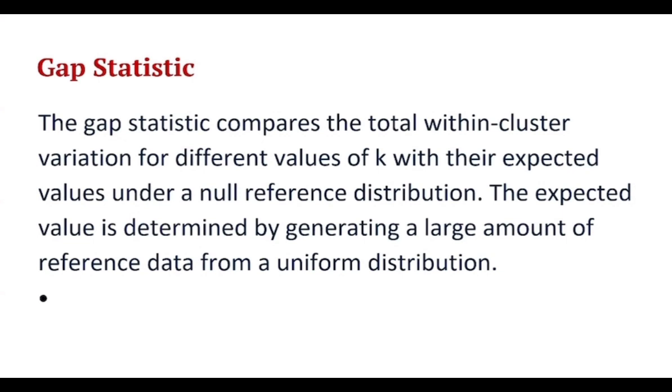With K equal to 1, it means all of them are in the same category, which is not going to be appropriate, because in the first place the heterogeneity is very high. That's why we need to partition that. Partitioning into groups is going to start from 2 and above. So when K equals 2, you find the total within-cluster variation, for K equal to 3 you do the same, and for K equal to 4 you do the same.